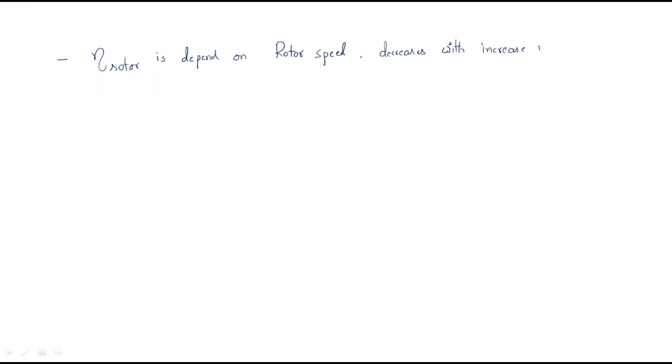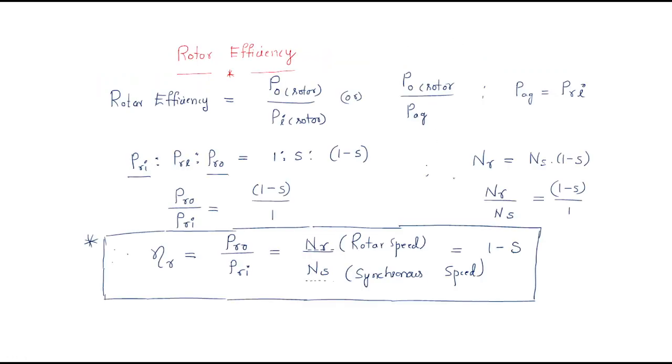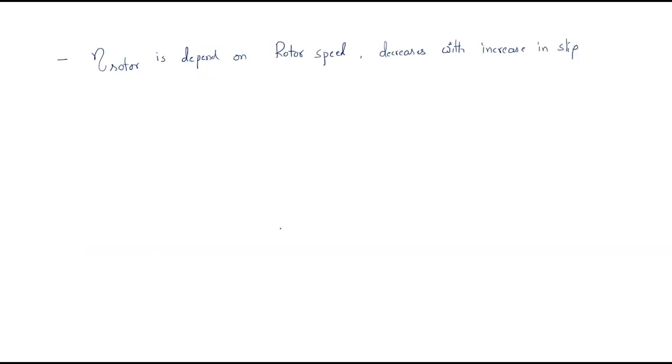How? Look here, if the slip increases, the efficiency decreases. So the rotor efficiency decreases with the increase in the slip. As a result, the overall efficiency of the rotor decreases.